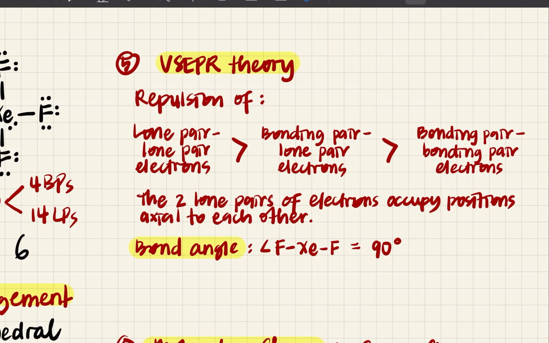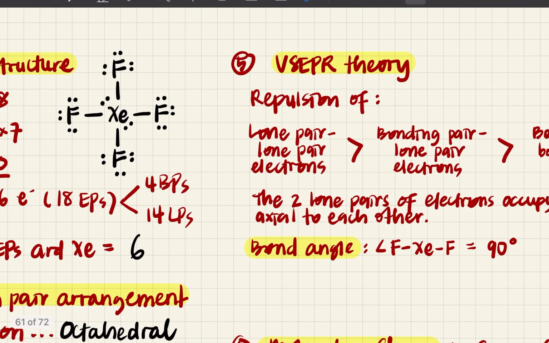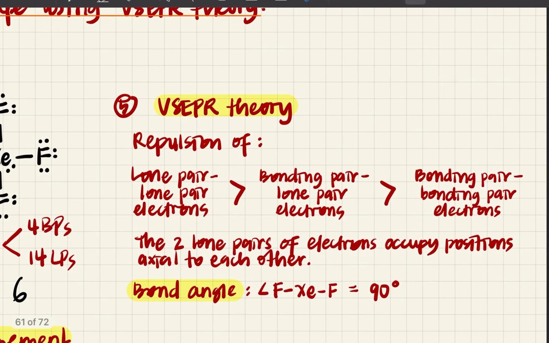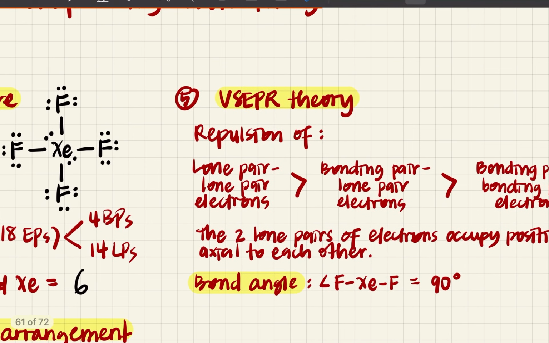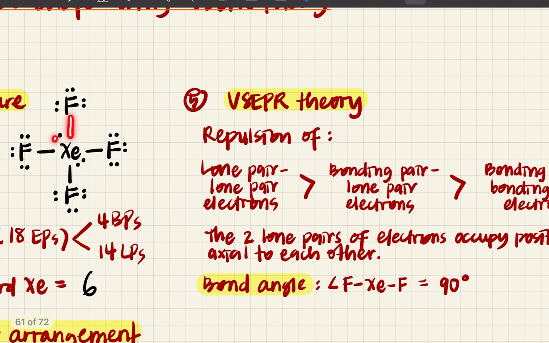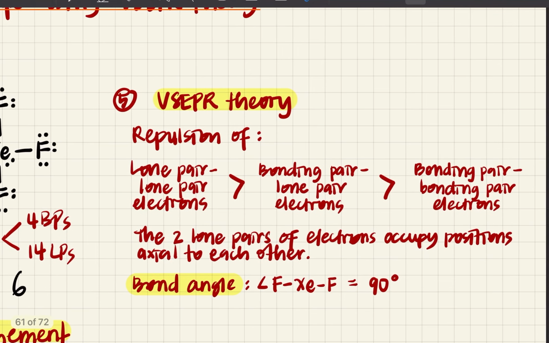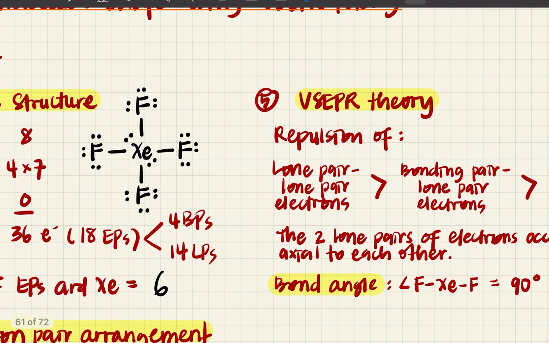We find that we have 2 lone pairs. So we can compare the strength of lone pair lone pair electron repulsion with the bonding pair lone pair repulsion, and finally bonding pair bonding pair electron repulsion.